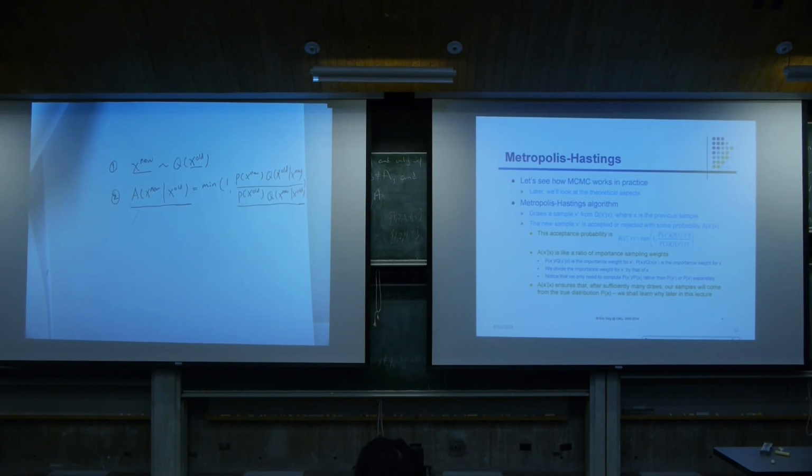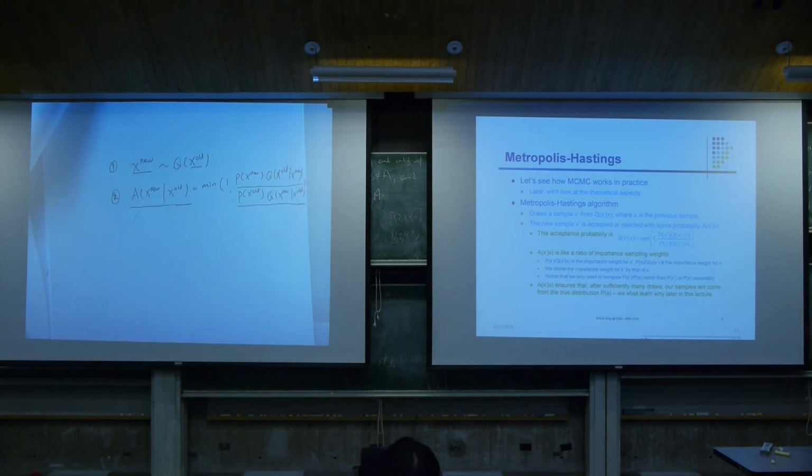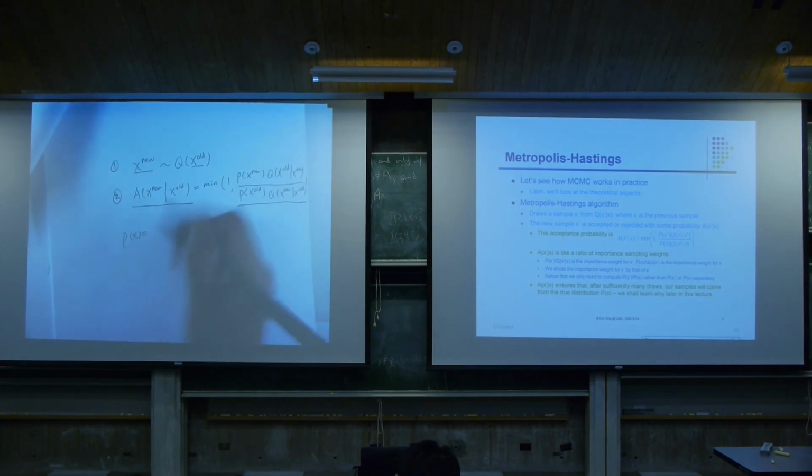Any questions about MH sampling? You might be kind of confused here because I said before P(x) is hard to compute, but P'(x) is easy, and there is a normalizer here.